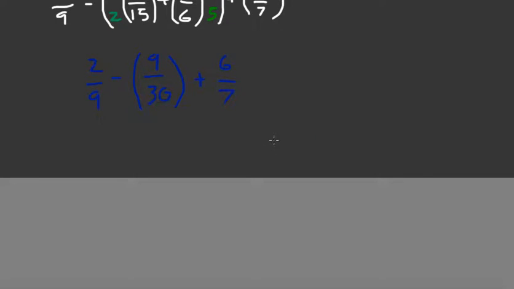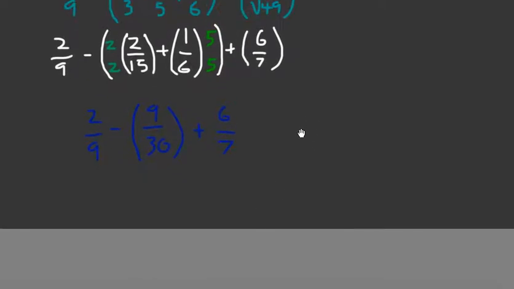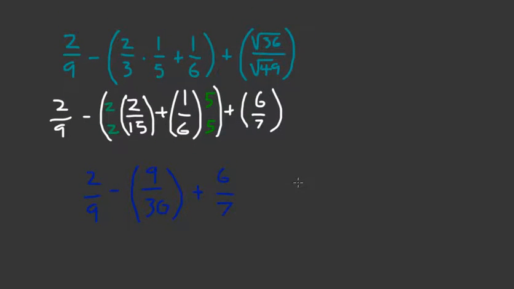The common denominator would be 90. So in order to subtract them, we need to change this to 90 and this to 90. So this is going to be times 10 and times 10, and this is going to be times 3 and times 3.